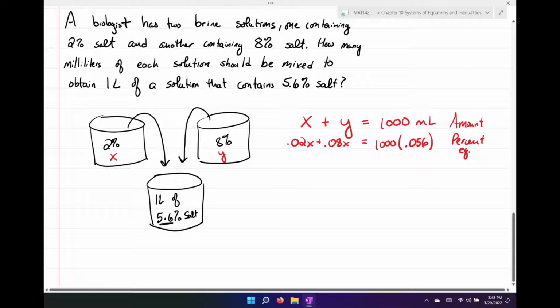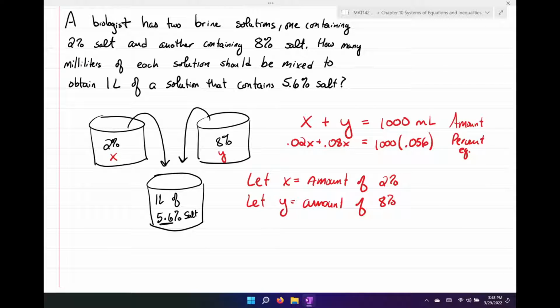So in essence, here's what happened. We're going to let X equal the amount of 2%, and let Y equal the amount of 8%. We know we're going to combine them to give us 1,000 milliliters, and then these concentrations also have to balance out to 1,000 times 0.056.